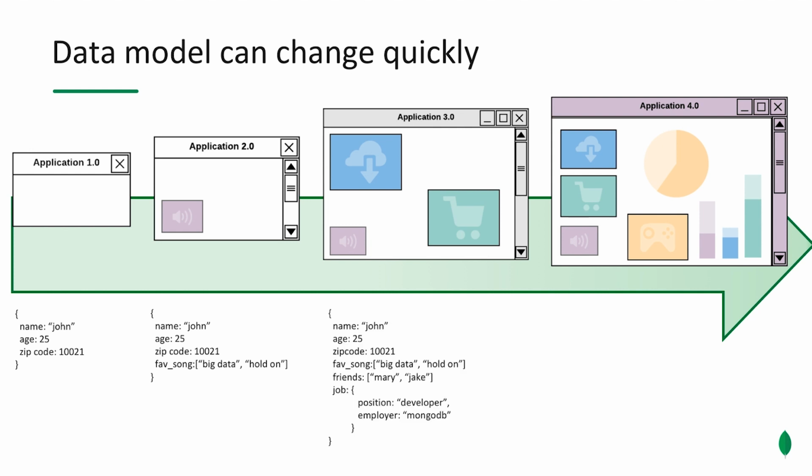In the third version, you want to let John express what his job is in the social networking app, and you add a jobs object in your data model. The jobs object itself is another JSON document which can be embedded, with position and employer details, etc. So as you can see, in this very simple example, your data model is changing as you're adding new features and functionalities within your application.